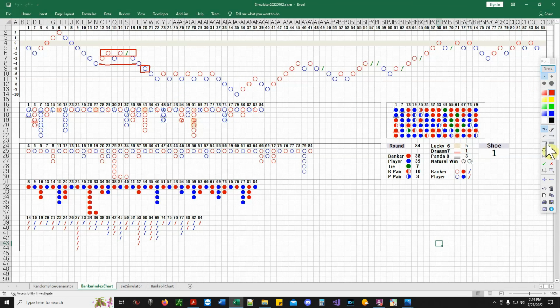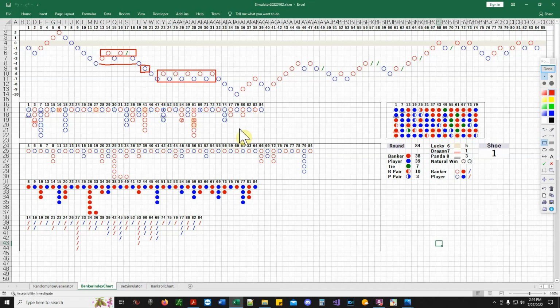Then you got another tight range right here. And when you realize you're in a tight range like this, don't waste your time. Not unless you are betting some type of negative progression and you're looking for a quick pop.